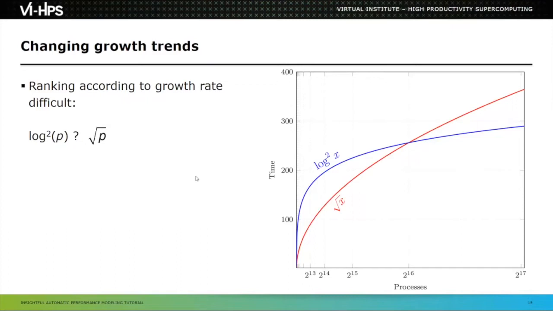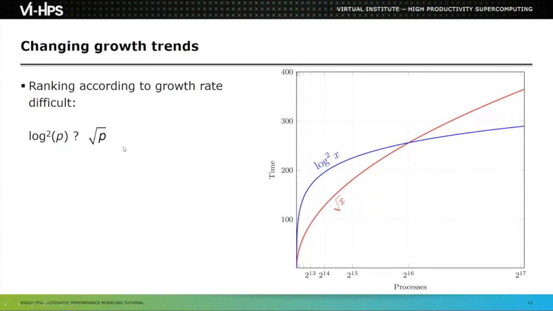As I assume you would know, we have constant, linear, polynomials, exponential, and of course a lot of subsets in these. And now for Extra-P, sometimes it's hard to say which growth trend or which function has the dominating growth trend, because it really depends how you look at the data, and that's what I'm going to show you now.